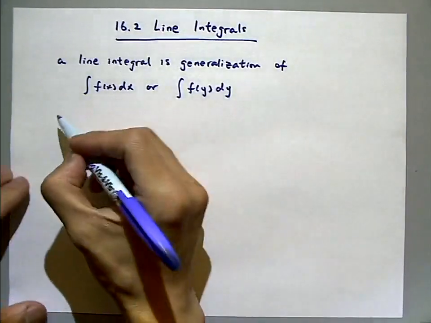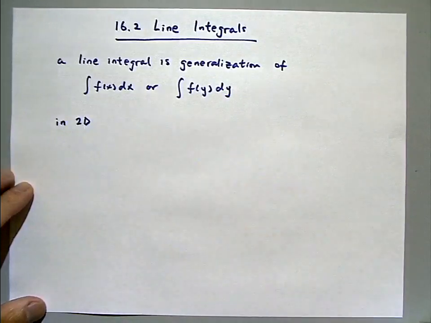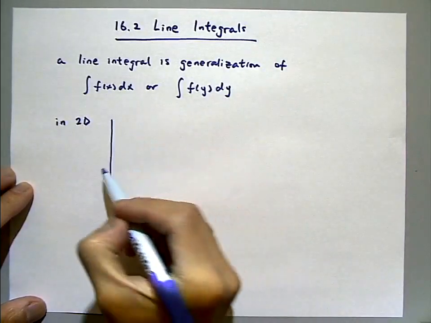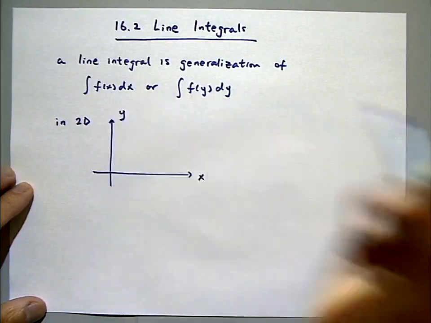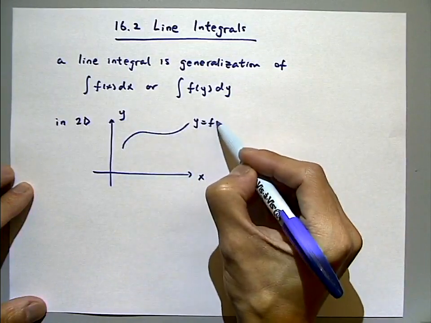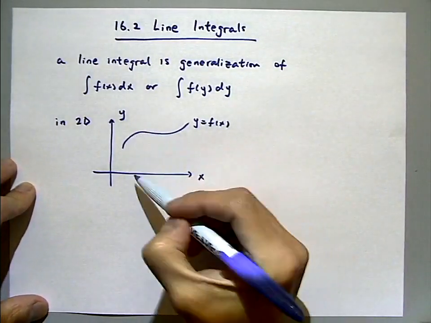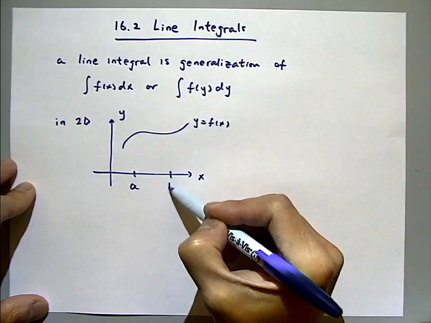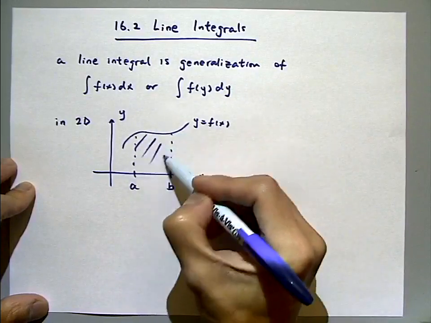So how does this work? In a two-dimensional situation, when we only have x and y to worry about, and we have some kind of function, let's call this y is equal to f of x, we know we can integrate from a to b to get the area and all that stuff, right?